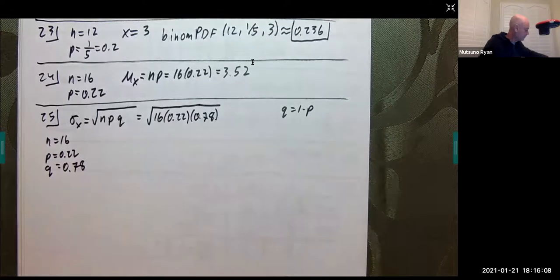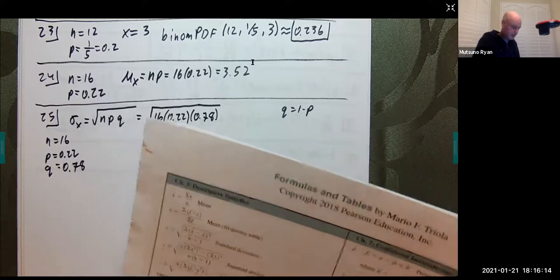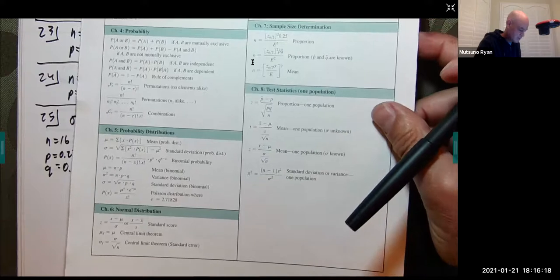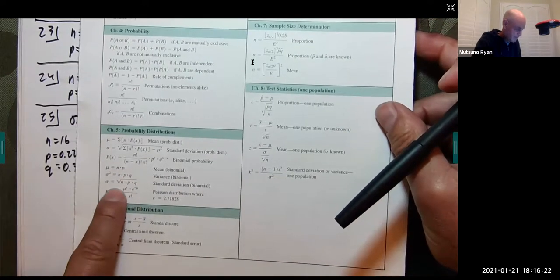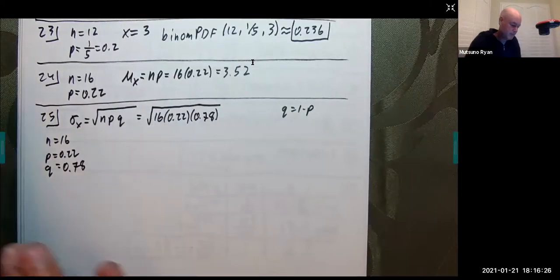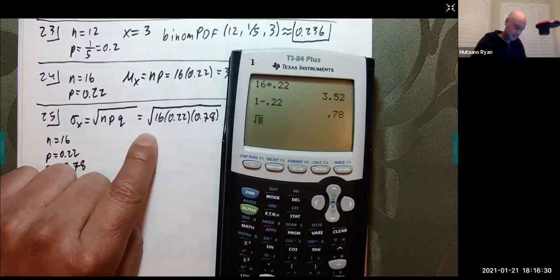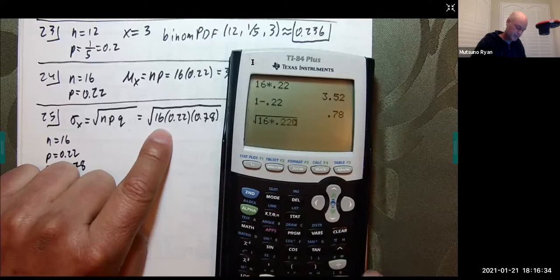Now, if you forgot this formula, it is here and here on this sheet. All right, so we have the square root of 16 times 0.22 times 0.78.